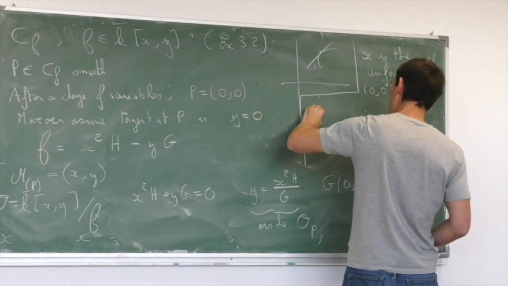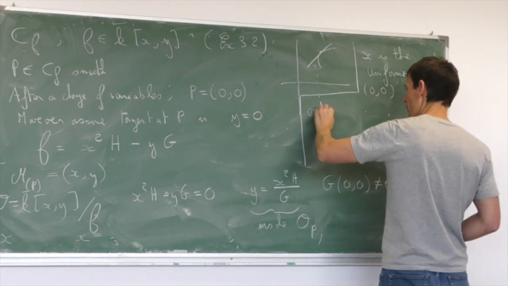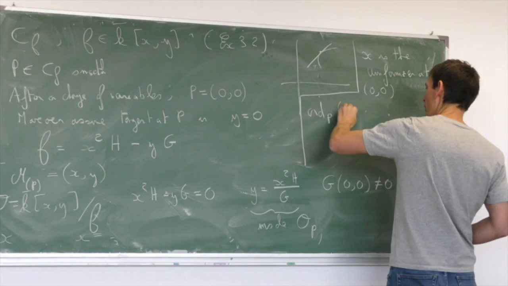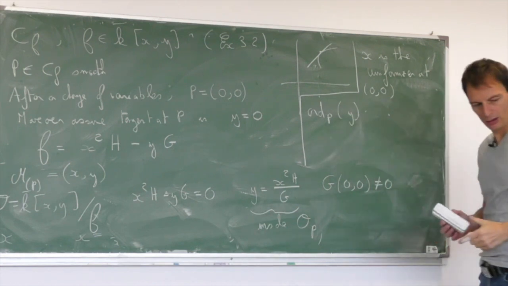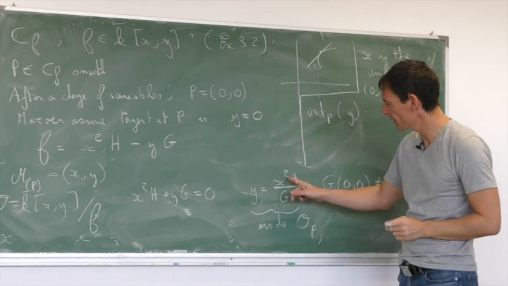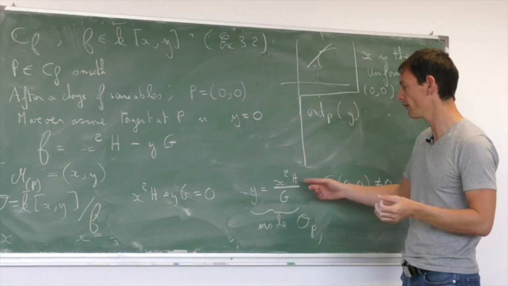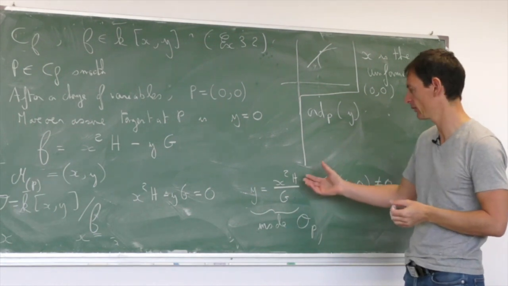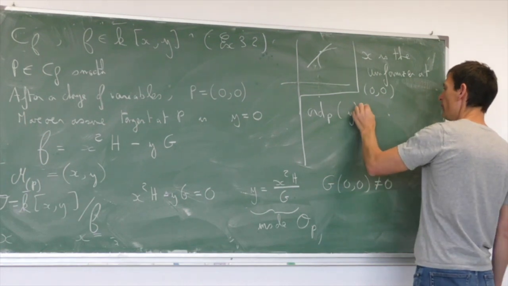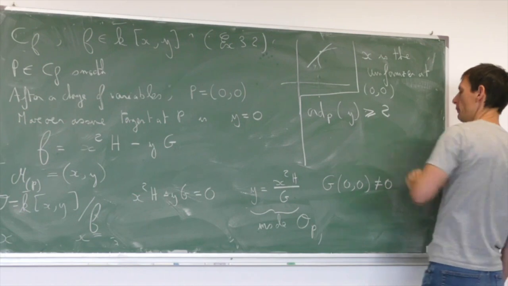And what I have proved as well is that the order at P, so at 0, 0, of y is at least 2. Because I have a 2 here, but maybe in my h, I could also have a power of x that I could get out. So what I have proved is that the order at P of y is greater or equal to 2.